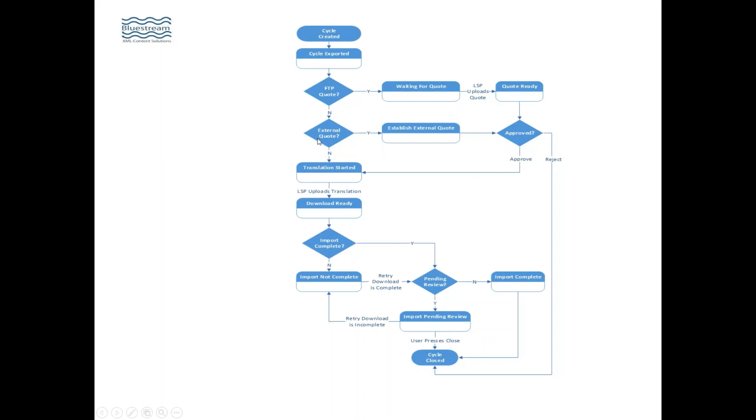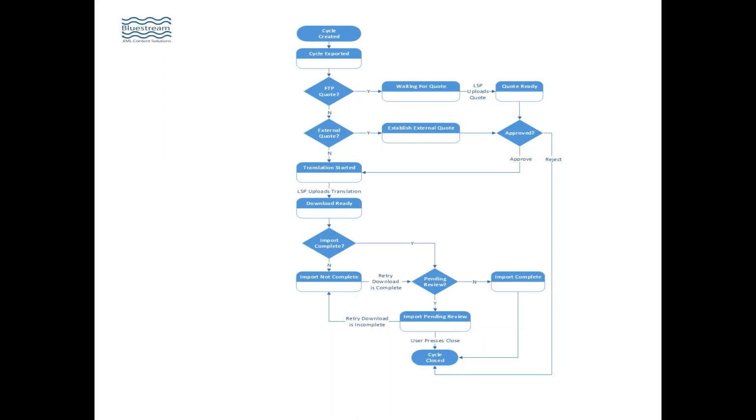So this automates it so that the system goes through these different states, and if everything goes smoothly, you only have to do something when it asks you to, and you can get reports on what's outstanding and what the current state of your jobs are.